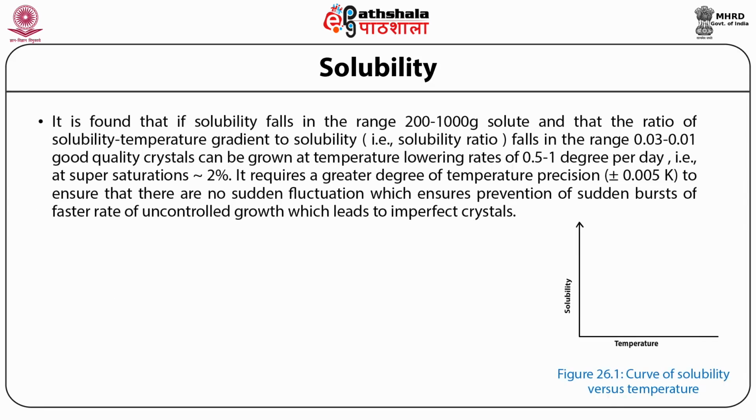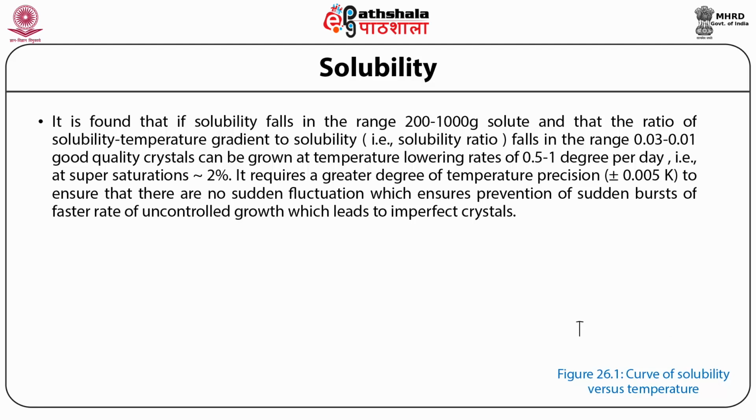It is found that if solubility falls in the range 200 to 1000 gram solute, and that the ratio of solubility temperature gradient to solubility, that is solubility ratio, falls in the range 0.03-0.01, good quality crystals can be grown at temperature lowering rates of 0.5-1 degree per day, that is at supersaturations of the order of 2%.